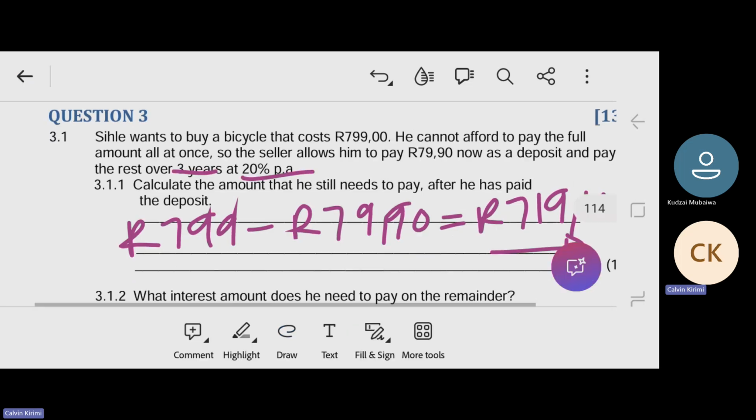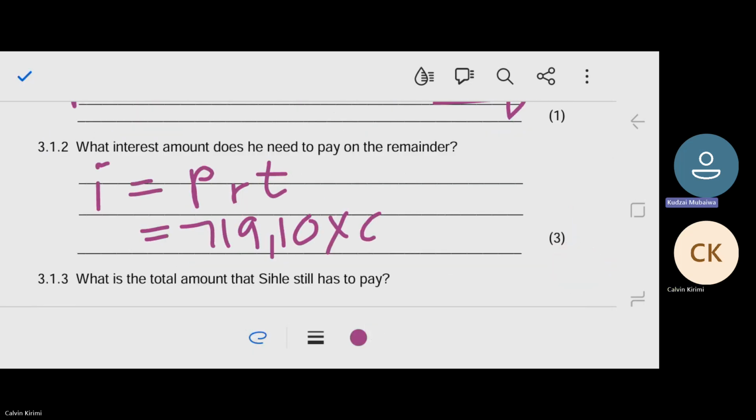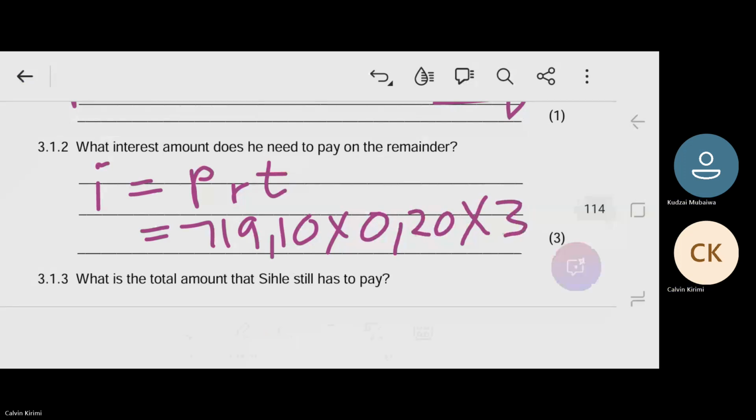So what is your rate? It is going to be equal to, as a decimal, 0.20, multiplied by the time, which is 3 years.